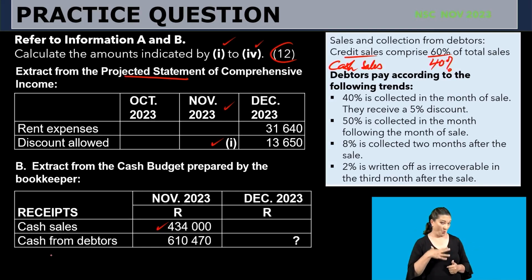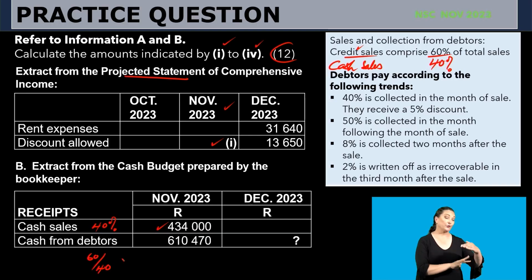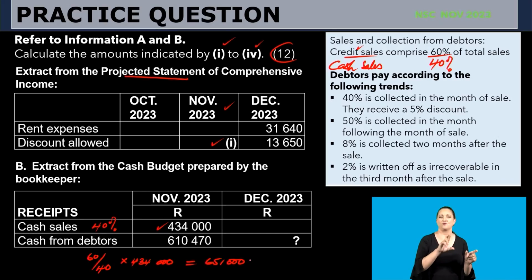What I want is credit sales. But what I have is cash sales, 40%. So what I want is 60. And what I have is 40. 60 over 40, we multiply that by the 434,000. And then that will now give me my credit sales. And then the amount that I have here is 651,000. That is my credit sales now.